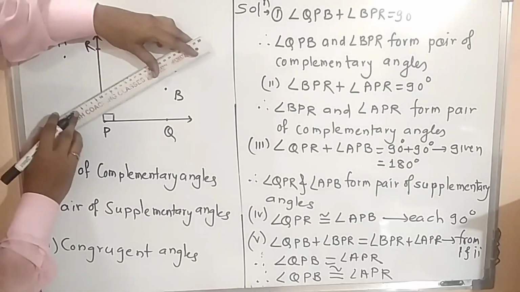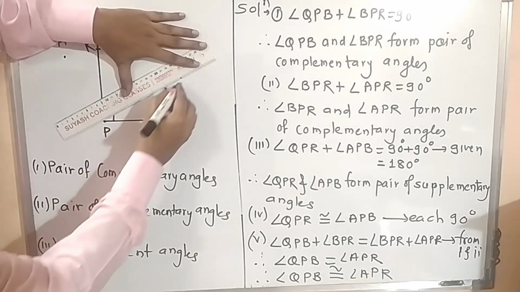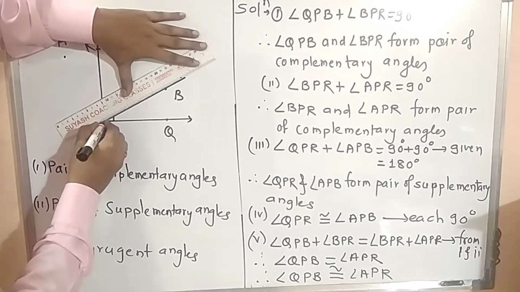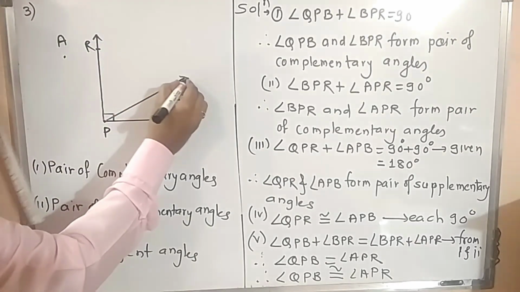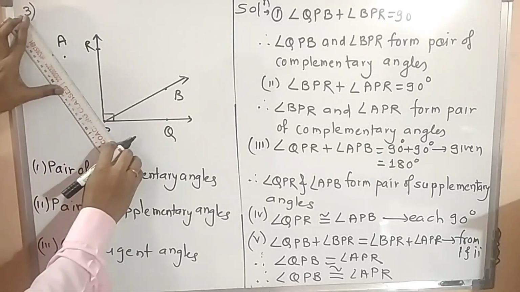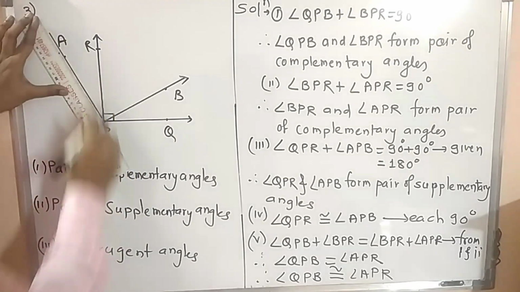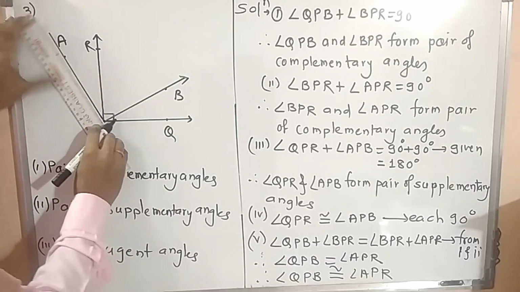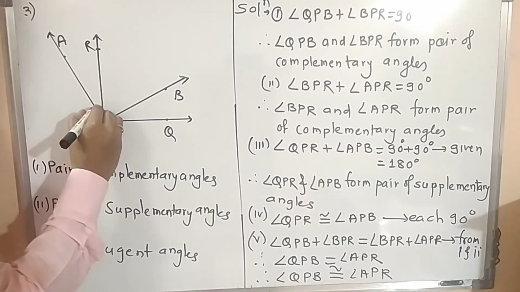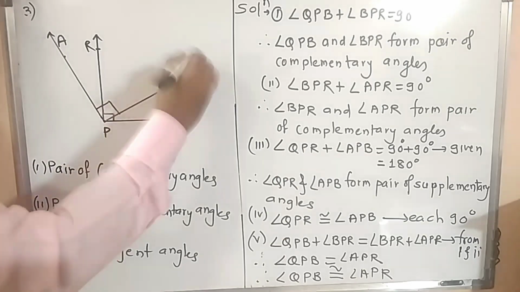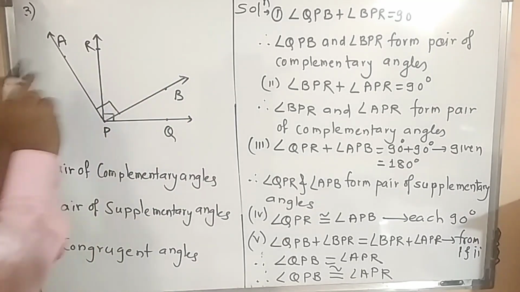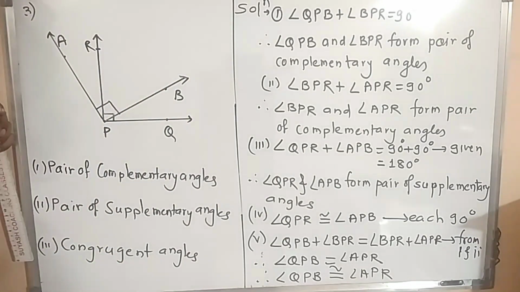Again, this is ray PB, this one is ray PA. Ray PB and ray PA are perpendicular to each other. It means this angle between them is 90 degrees.